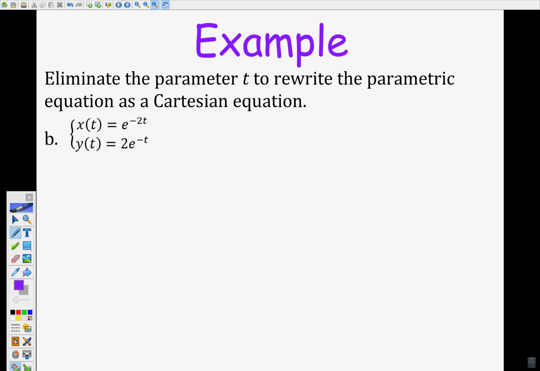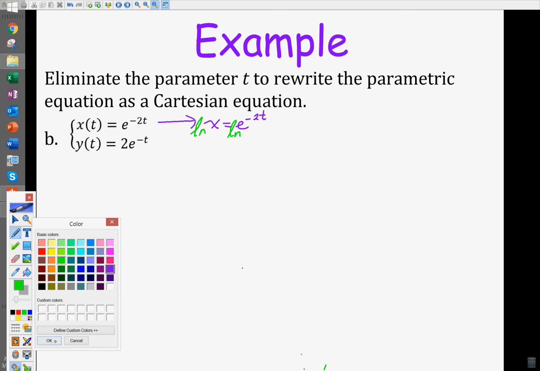Now, of course, we have to bring in everything we've learned. So we are going to use parametric equations with e's in them. But it still works the same way. I am still going to take my x equation and solve it for t. If I want to solve this for t, how do I get rid of e? I have to take the natural log of both sides of my equation.